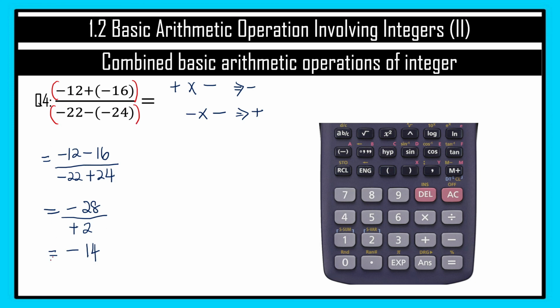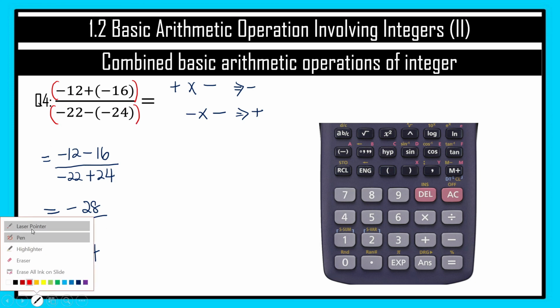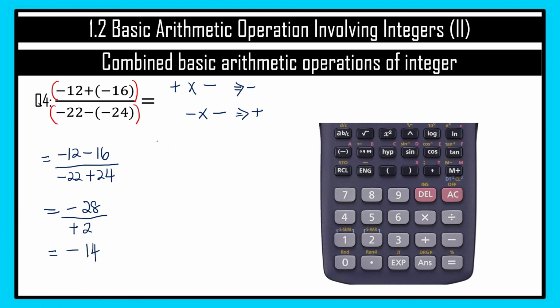So if I write this one again, it will become bracket negative 12 plus negative 16 bracket divide with negative 22 minus negative 24 and bracket.